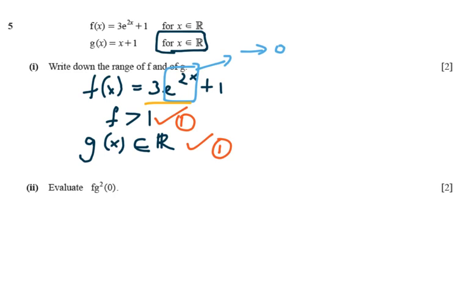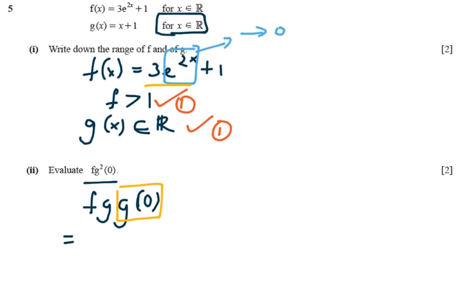Let's move on to the next part of the question, where the question asks you to evaluate the composite function fg squared of 0. So we can actually say this as fg with the composite function of g, and then x value equals 0. We can first solve this.